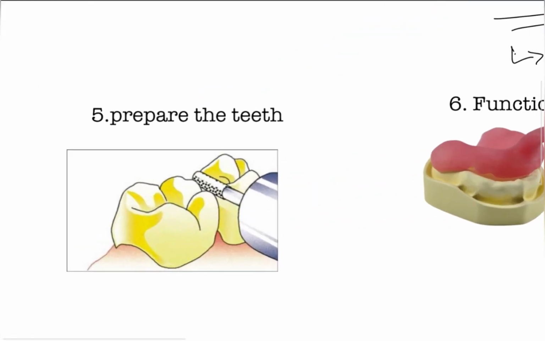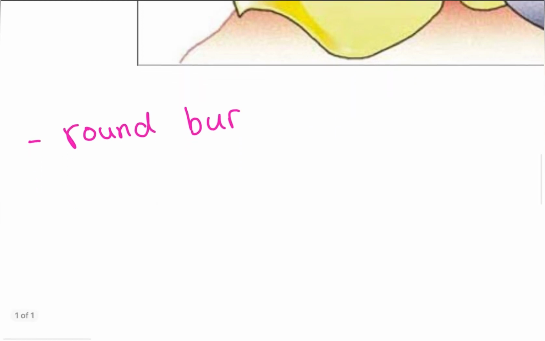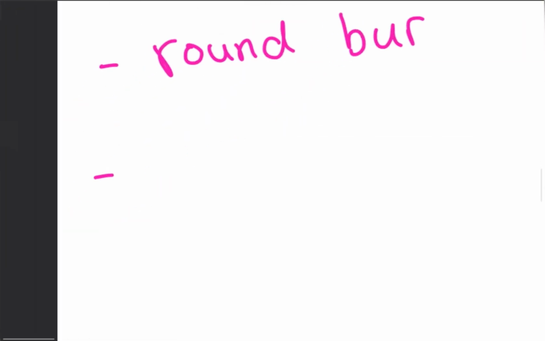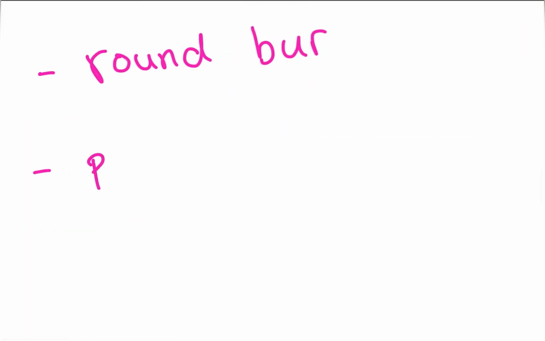That is our next step. So they prepare the teeth. Let me write these notes down here. First of all, they can use a round burr, okay? And how does this preparation look, basically?